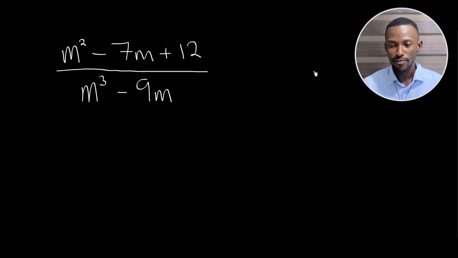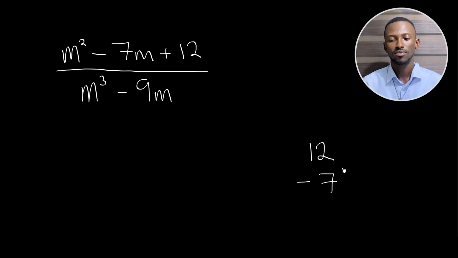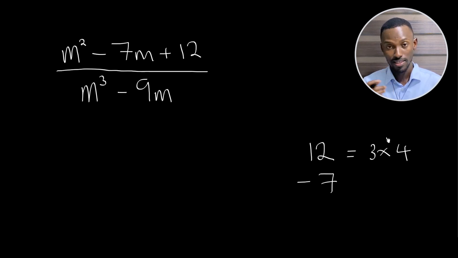So what we have to do is find two numbers that if you multiply, you get 12, but if you add, you get negative 7. Those numbers will be 3 and 4, because 3 times 4 gives you 12, and 3 plus 4 gives you 7.